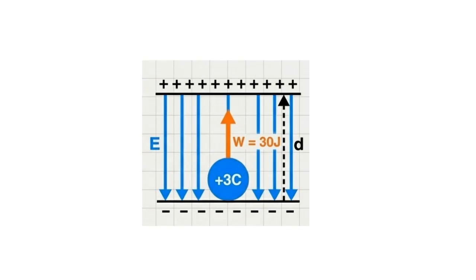Here, with a charge of 3 coulombs, to move this charge upward against the electric field by a distance d, work equal to 30 joules must be done. This work represents the energy required to move the charge against the electric force, illustrating the relationship between electric field, charge, distance, and work done in an electric force context.